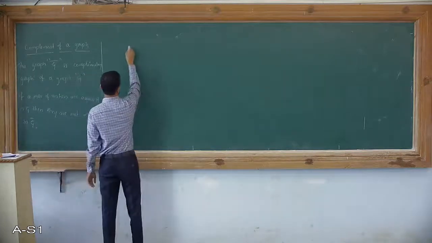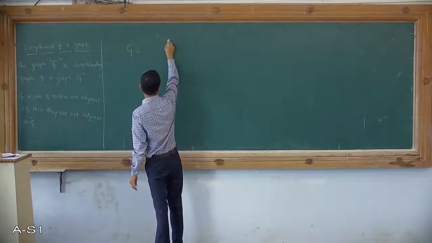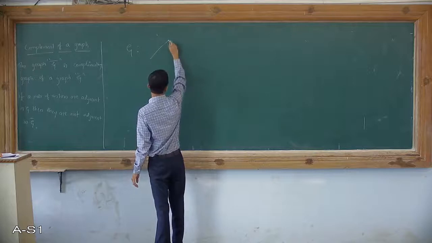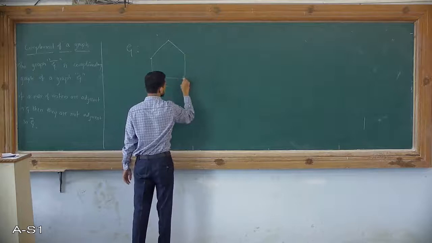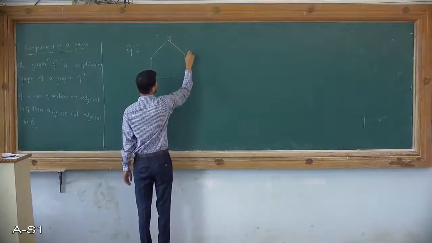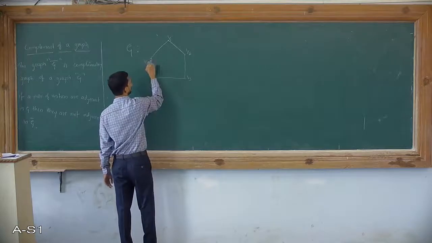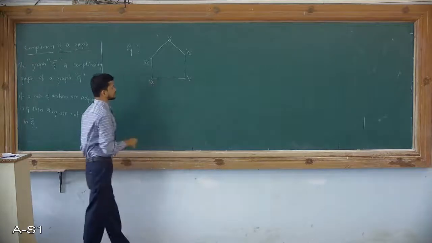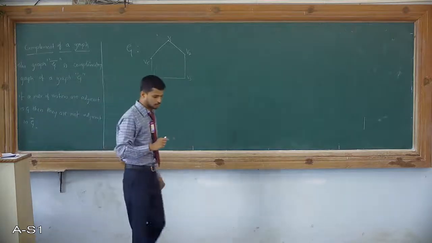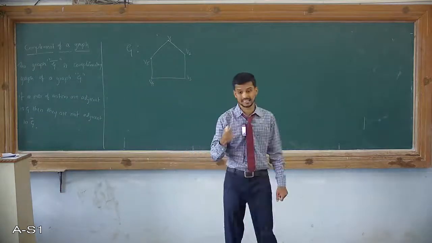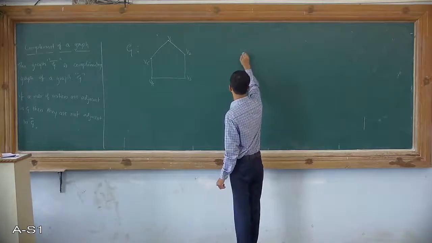Let us consider G with vertices V1, V2, V3, V4 and V5. So this is a graph. The very first step is to find the complementary graph of graph G. So what is the complementary graph of graph G?